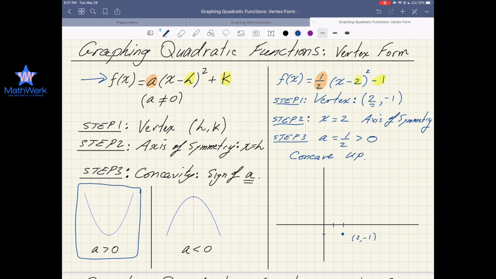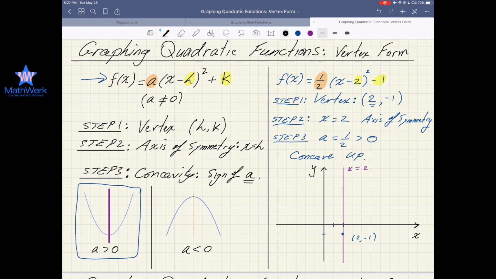Okay, great. And the next thing I'm going to do in purple is graph this axis of symmetry, which is this vertical line that goes through the vertex. Okay, so in our case, our vertex is at (2, -1). So this is our axis of symmetry. And I can write that down here: x is equal to 2. That's our axis. Finally, let's label our coordinate axes as x and y.